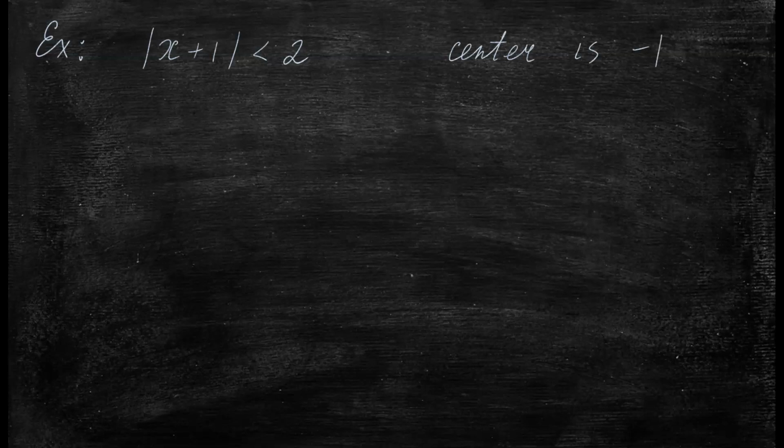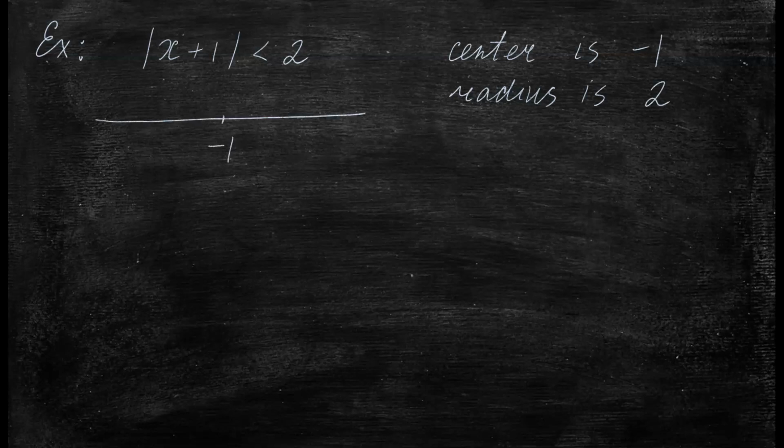So, for example, if we have an inequality like this, we identify the center as -1, and the radius of the interval is 2, and therefore we can immediately write the answer.